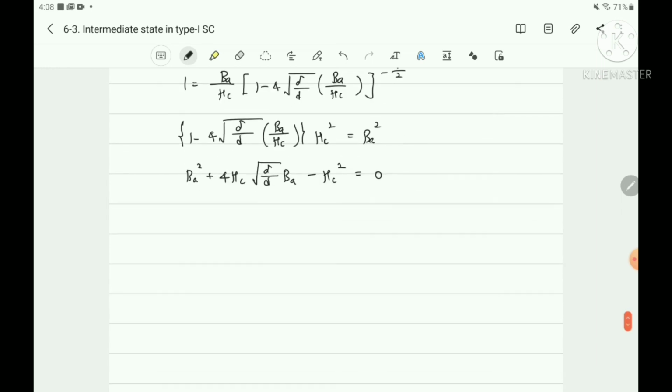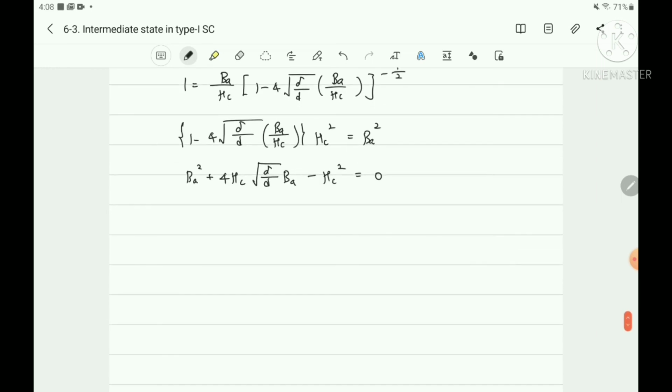It is a second order equation, and therefore Ba is 1/2 times minus 4Hc square root delta over D, plus or minus the square root of 16 Hc square delta over D minus 4ac, plus 4Hc square.